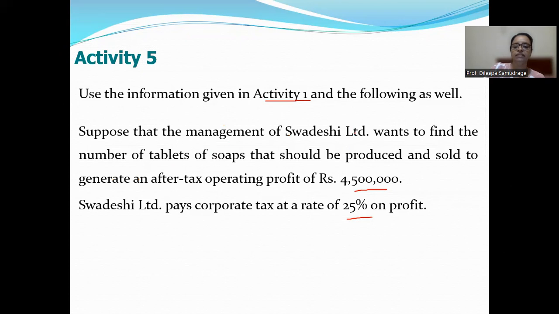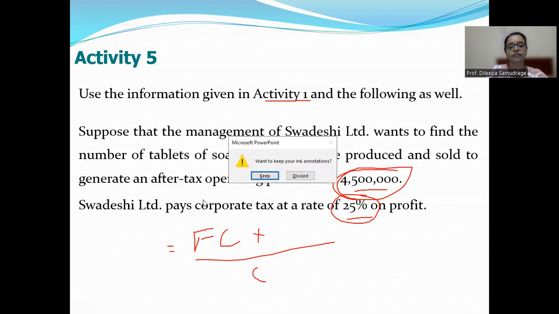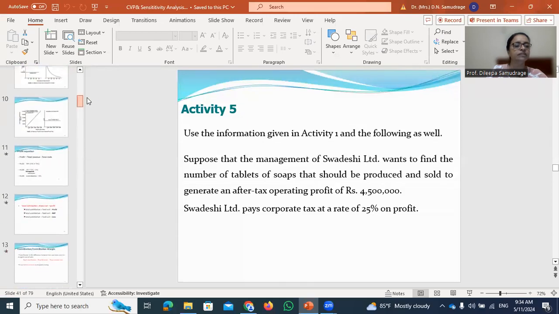So here after tax operating profit is 4.5 million. For this, you have to apply this one. So other things same as earlier. So what you need is the fixed cost plus these two things and divide by contribution per unit, right? So in activity 1, go to activity 1.